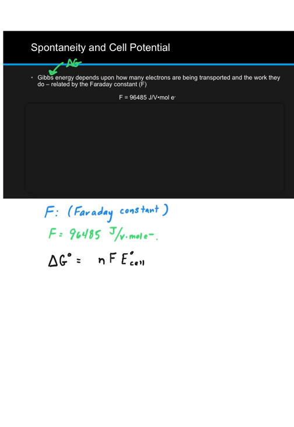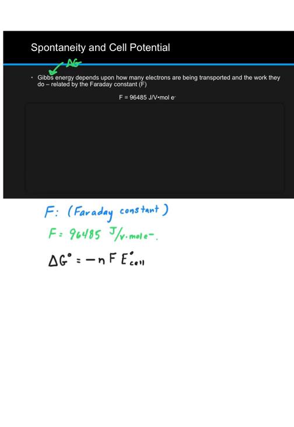We're going to place a negative sign out in front of this as well, because we said that anytime E cell is greater than 0, we're representing a spontaneous chemical process. In chapter 20, we said that delta G being less than 0 represents a spontaneous chemical process.